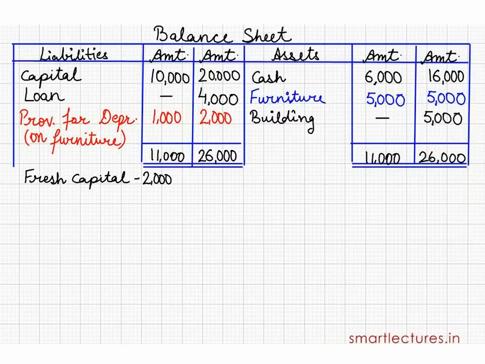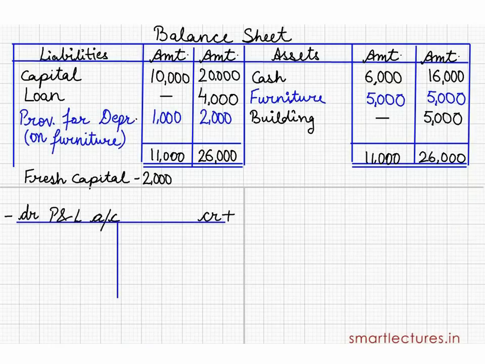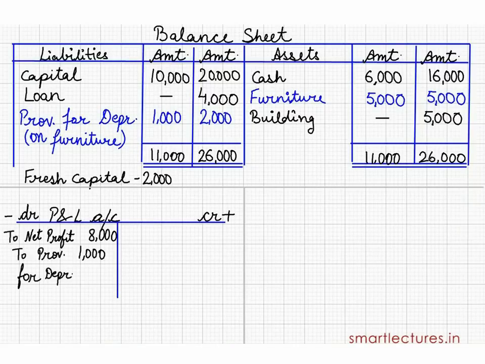It means this year the firm has provided depreciation on furniture of rupees 1,000. If you imagine the profit and loss account, there was net profit 8,000 and on the debit side, to provision for depreciation 1,000, and there must be some other items. I don't know about that, but you can imagine these are the two items placed in the profit and loss account.